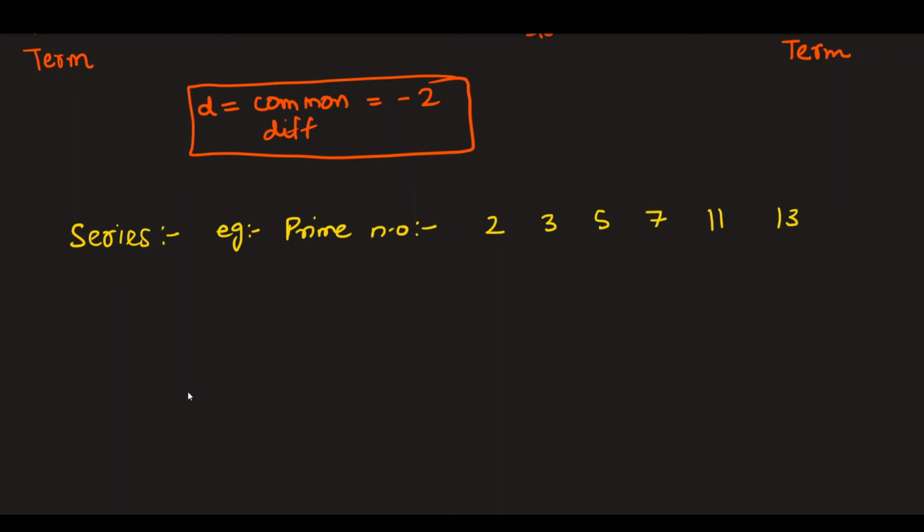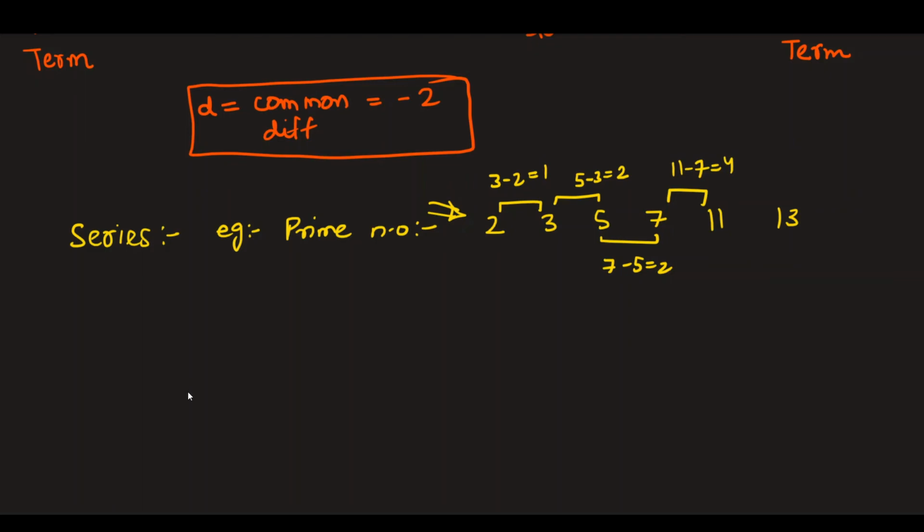See, the difference between any series and an AP is that, look at this difference. We will not be calling it a common difference. Why? Because 3 minus 2 is what? It is 1. Then 5 minus 3 is what? It is 2. Then 7 minus 5 is what? 2. And 11 minus 7 is what? 4.